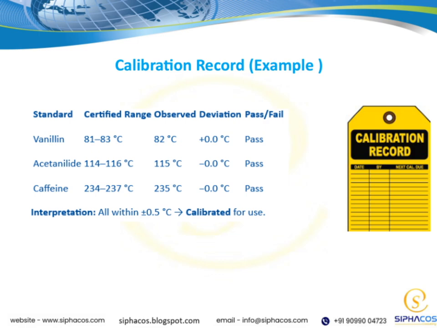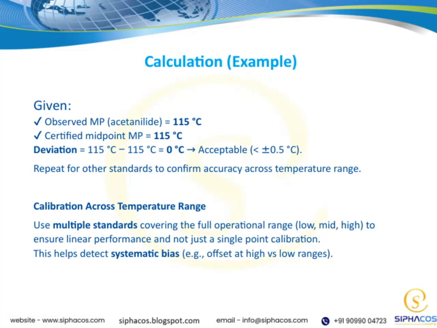Connecting this to our overall theme, thorough calibration records like this form the backbone of a reliable quality management system. They provide the proof that our instruments are functioning correctly and within specified limits, ultimately supporting the integrity of our measurements and processes.